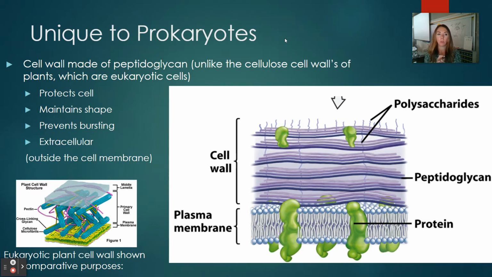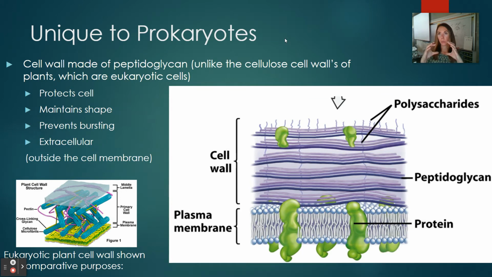They both have a cell wall. A plant also has a cell wall, but the cell wall in a prokaryotic cell is different. It's made of a different substance. Instead of cellulose, it's made of peptidoglycan. This type of cell wall is for protection, but it's outside of the cell membrane instead of inside.